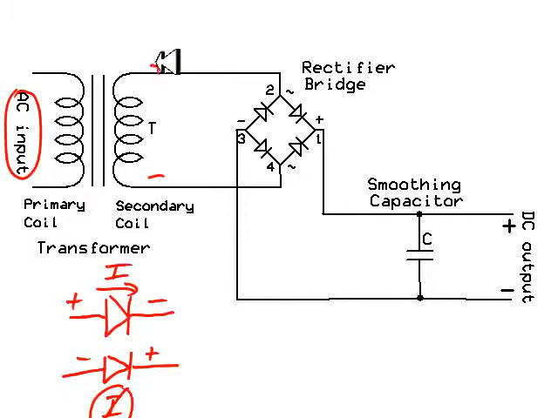At this particular moment, this wire is positive, this wire is negative. And so the positive voltage over here will cause this diode to be turned on, and therefore the positive voltage comes out over here.